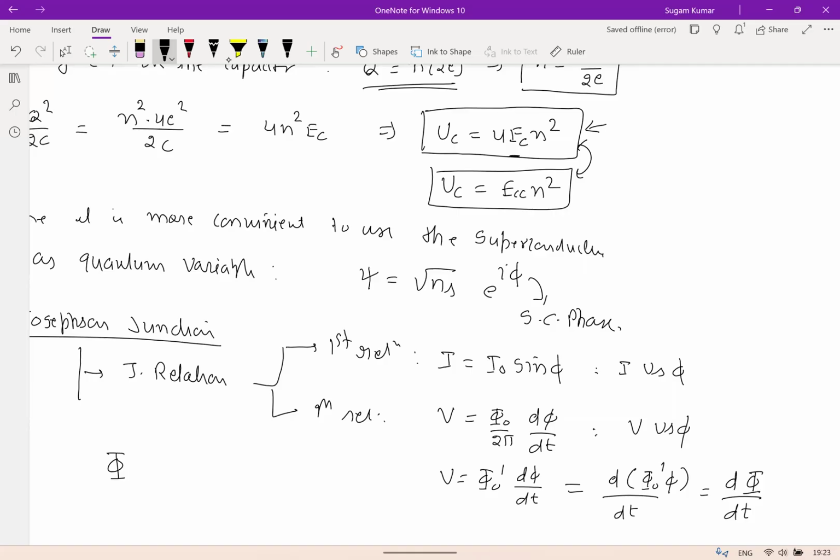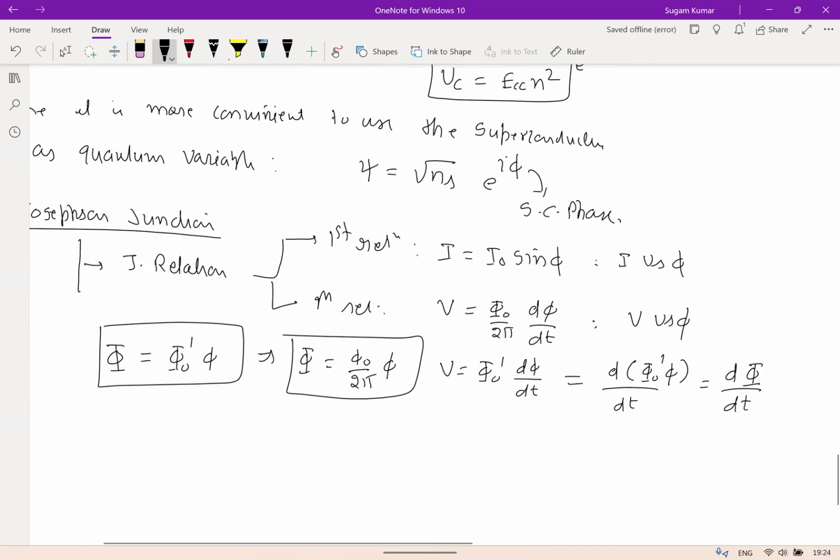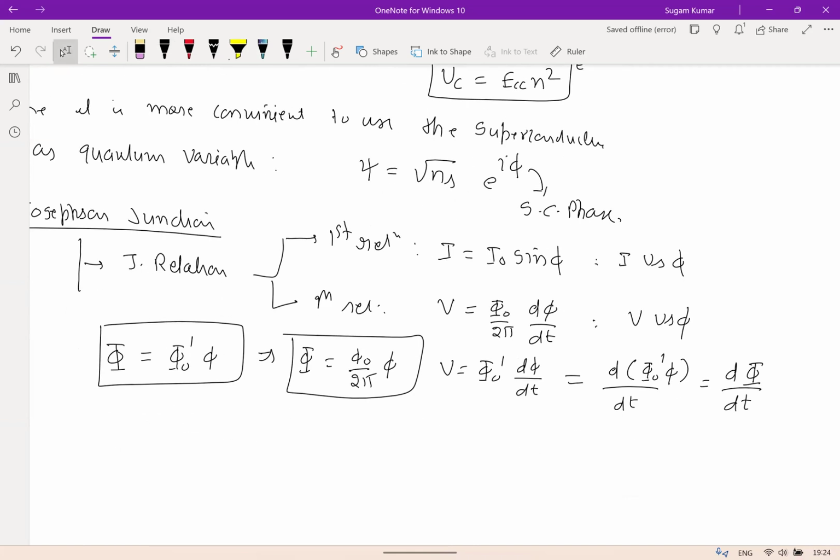So simply I can define that the flux is equal to phi naught dash into phi, or equally you can write it this way: phi equal to phi naught upon 2 pi into phi. So somewhere I will use the phi dash, somewhere I can use the phi naught. This phi naught is called the reduced flux quantum.